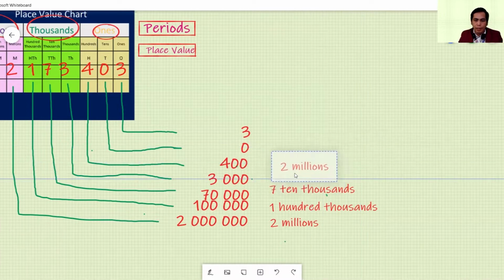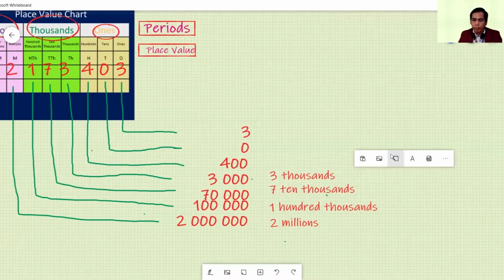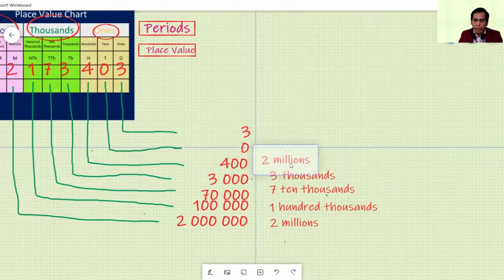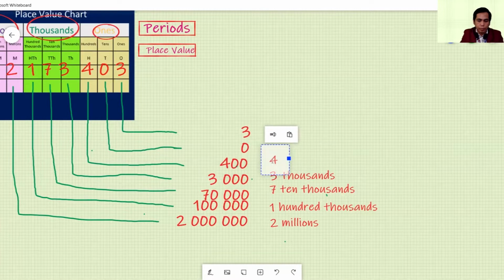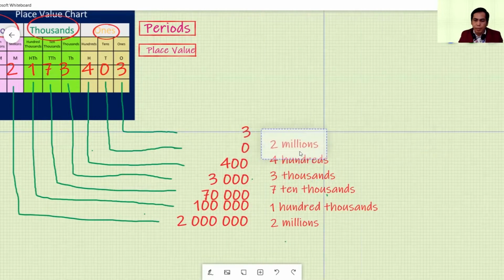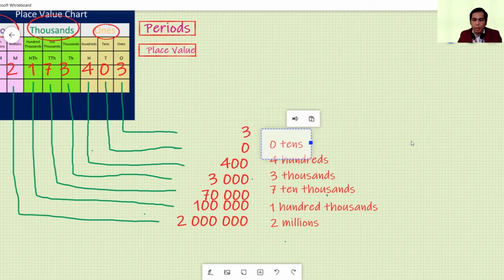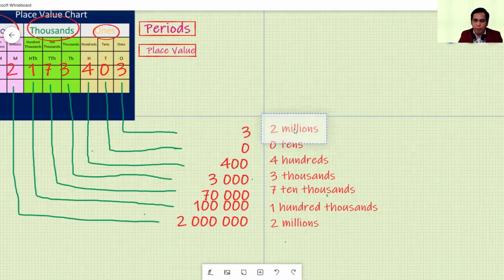Next, 3 is in the thousands. Then 4 is in the hundreds. Then 0 is in the tens. And the 3 is in the ones, or 3 ones.